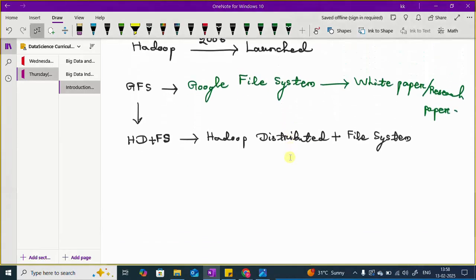In past time, the file system that was launched was called Google File System (GFS). But there were a lot of disadvantages. They figured it out at a later point of time, I mean the scientists. Then, as part of an improvisation step, Hadoop distributed file system was launched by a company called Yahoo.